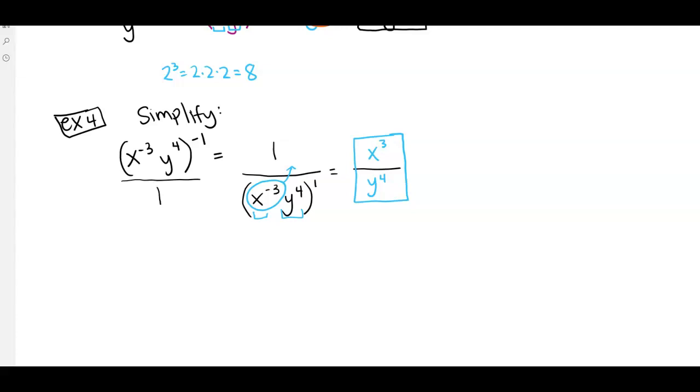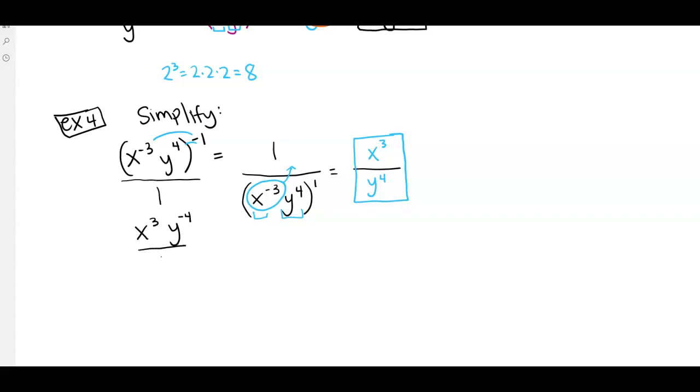Right? Okay. Did anybody start by distributing the negative 1 through first? Yeah? Megan, you're shaking your head yes. Is that what you did? Okay, so when you did that, x to the negative 3 times negative 1 gives you x to the positive 3 now. And then when we distribute this negative 1 through, we get y to the negative 4. Right?